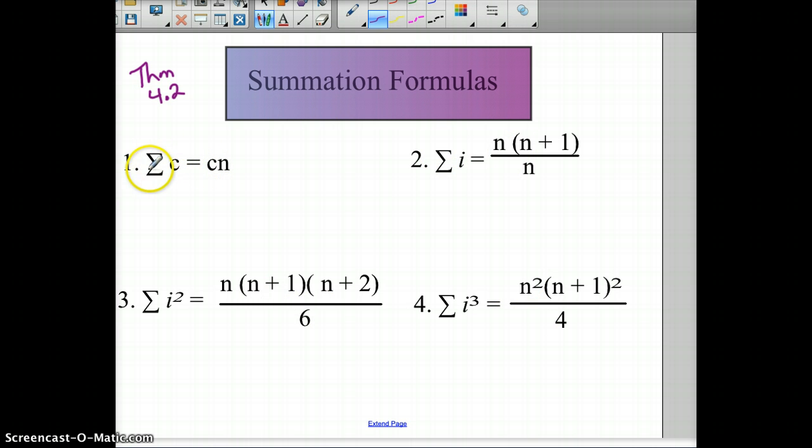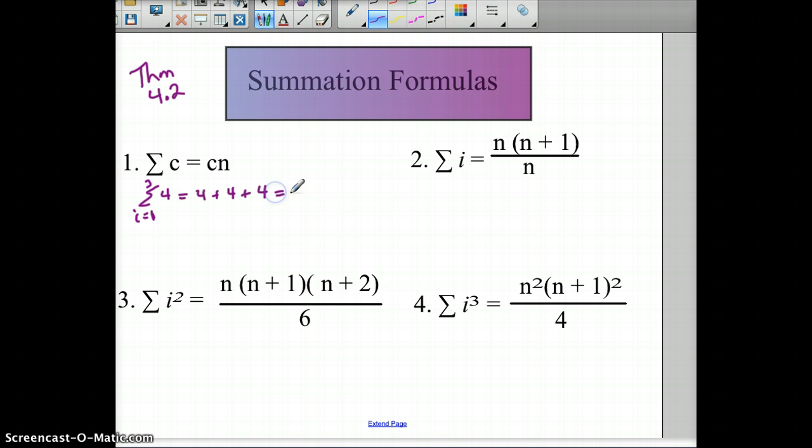So if we want to sum up a constant, like we want to do the summation of the number 4 from 1 to 3, well, there's no place to plug in that number, so that's just my first term, because we're not really plugging in a number. There's no I there. So my second term is also 4. My third term is 4. So first, second, third, I know I stop at 3 because I have 3 up here.